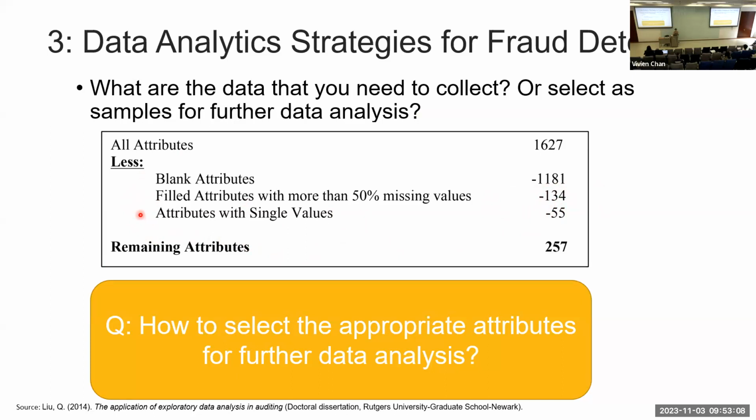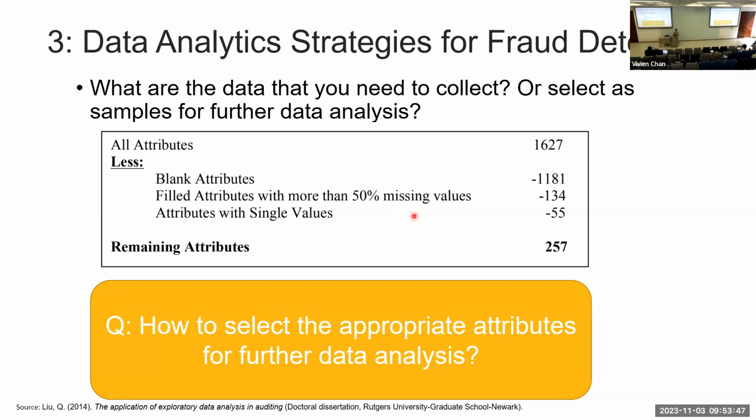Can you give me an example? Why do we have attributes that have only single values? Single value simply means that for the attribute, you only have one value. For example, all are ones, all are zeros, all are yes, or all are no. Can you give me some examples of why we have attributes with single values? Any idea? This is a real life database, so that means it really happens.